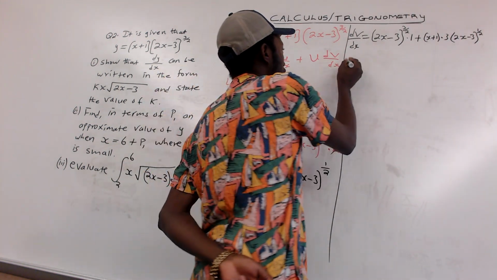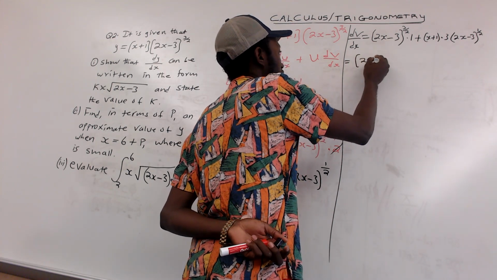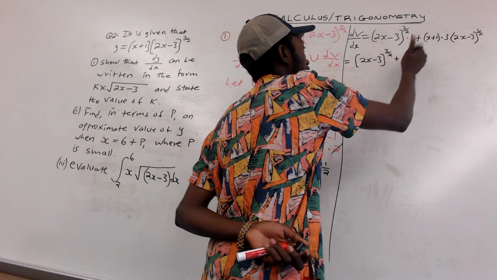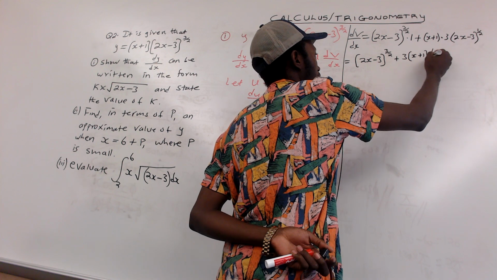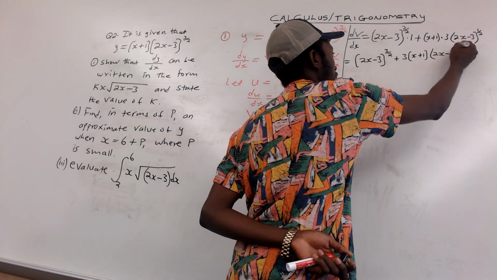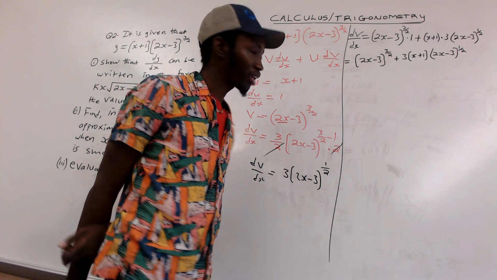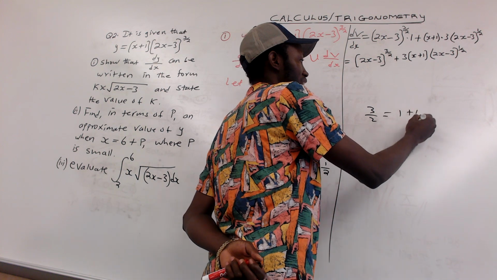If we continue, this will be 2x minus 3 raised to power 3 upon 2, plus 3 into x plus 1, and we multiply the bracket 2x minus 3 raised to power half. But 3 upon 2 is the same as 1 plus half.